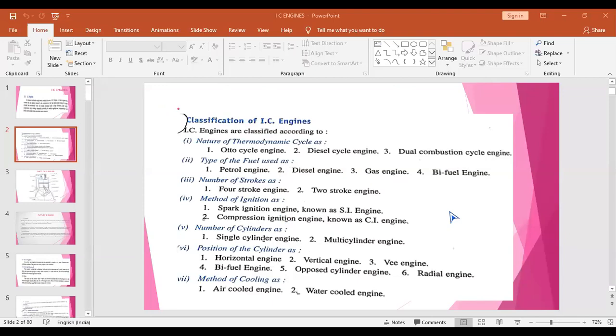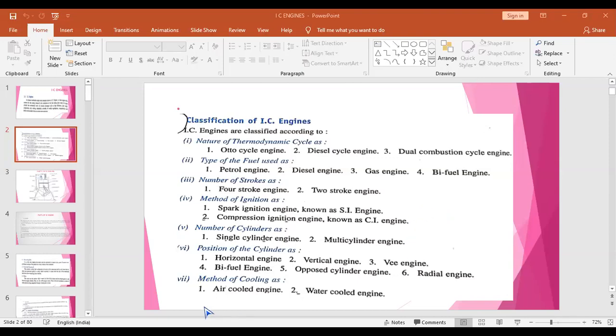And next, the position of the cylinder. That is the classification by the position of the cylinder. The first two classifications are common, that is vertical or horizontal, maybe bifuel or V-shaped positioning of the cylinders.